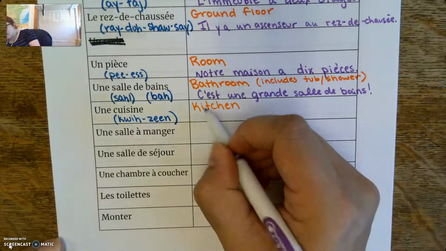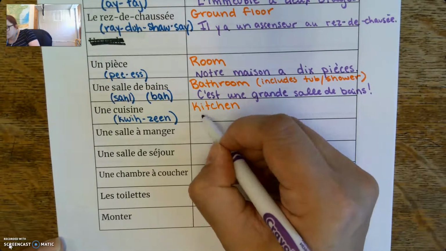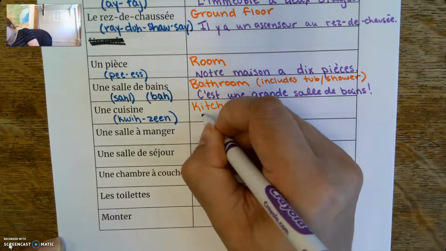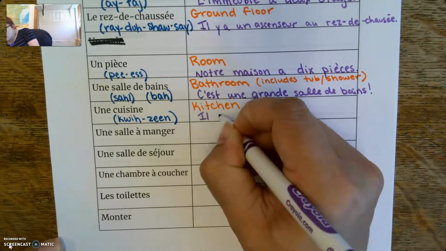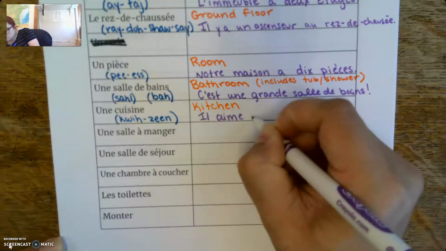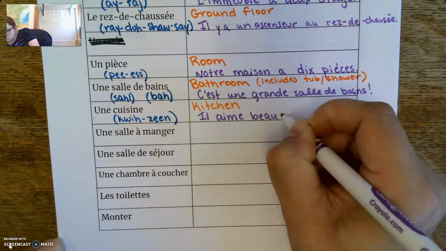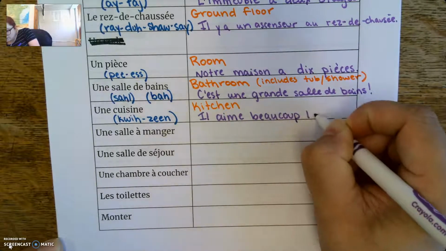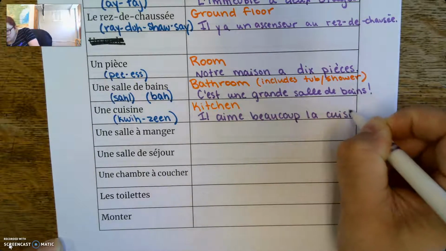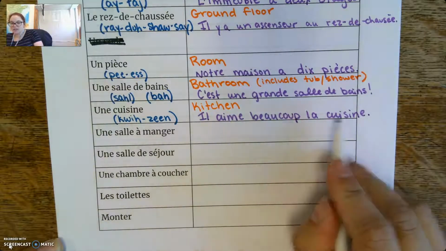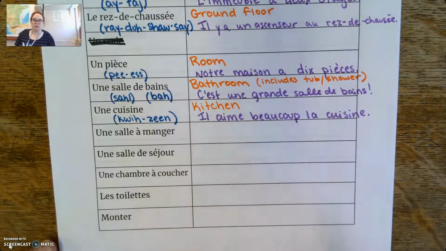So you could say, il aime beaucoup la cuisine. So he likes the kitchen a lot. So he really likes the kitchen.